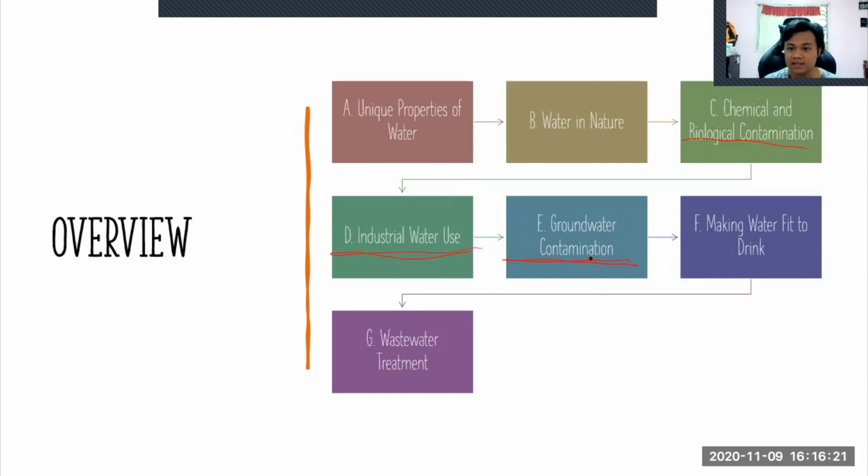So how is our groundwater contaminated, and then making water fit to drink. I'll be discussing also the Philippine national standards for drinking water this time, and then my favorite is the wastewater treatment. So it's the chemical engineering thing.